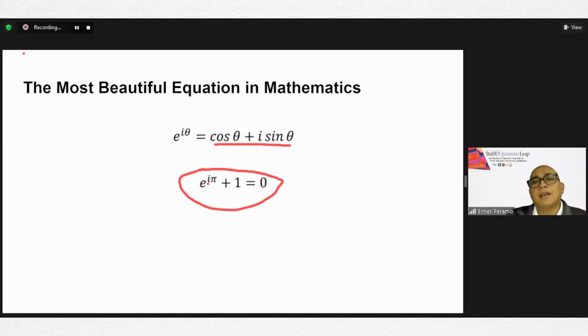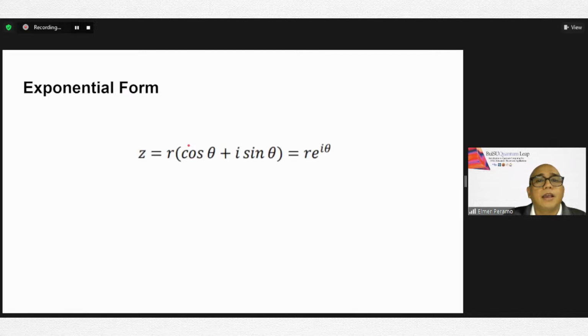These two complement each other. This one is an even function. Sine theta is an odd function. You can Google how this equation was derived, but one of the more popular derivations is the Taylor series expansion. But there are a lot of proofs.